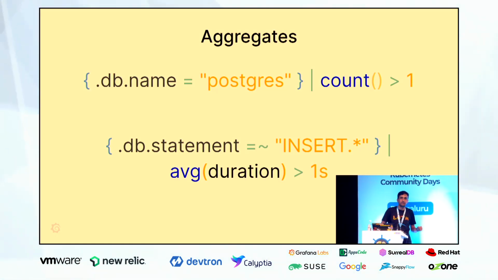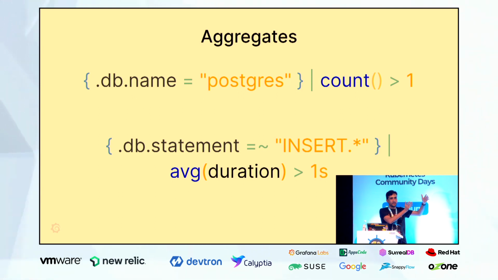Another thing that we have built is aggregates. So you can say, this is my query, these are the span results, and then you can run an aggregate function on it. So you can say count greater than 1. What this will give you is all the traces where DB name is set to Postgres and more than one span is there, right? This is an interesting query.